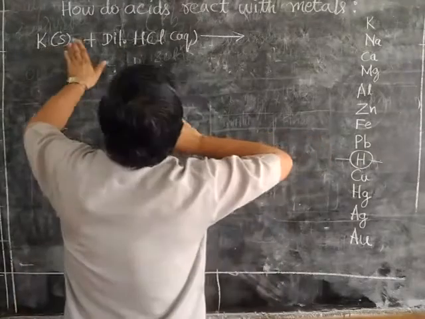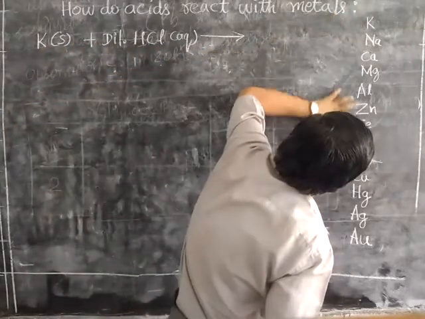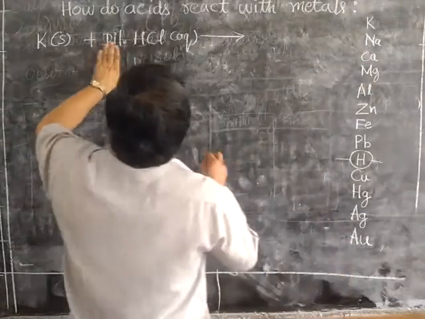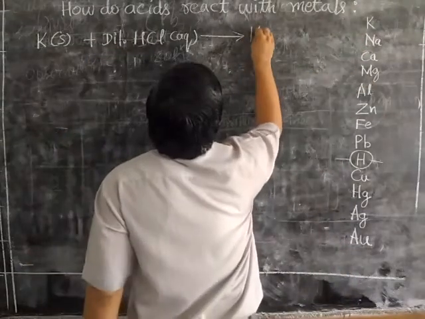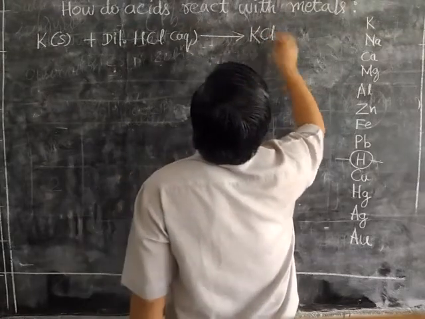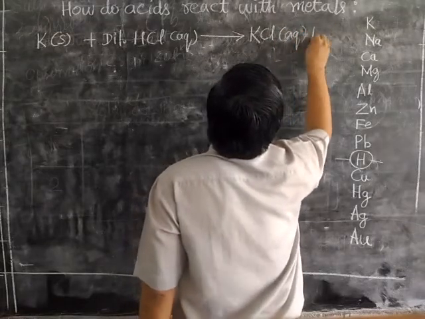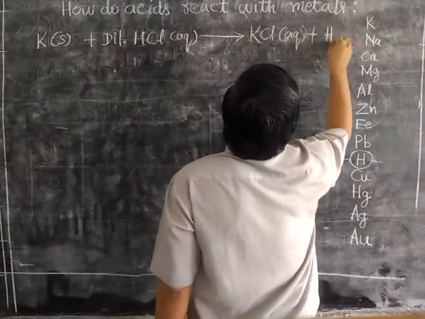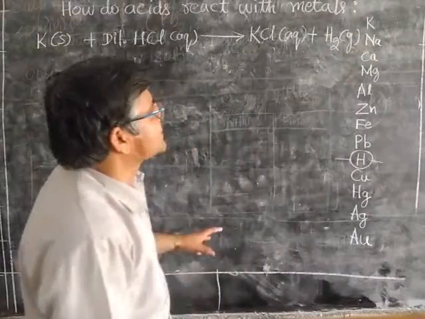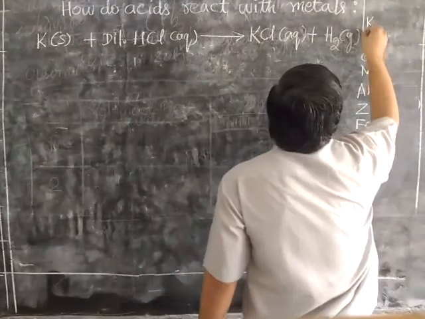Going with this reaction, we come to know that potassium is positioned above hydrogen, so it will displace hydrogen. In hydrochloric acid, the new product formed is KCl, potassium chloride, in aqueous medium, and hydrogen will be given out in the form of gas. Now this is not a balanced chemical equation, so we have to balance it.